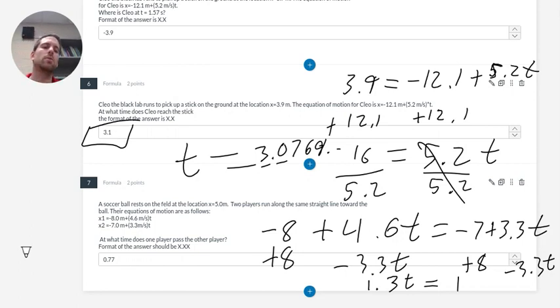And then I'll do 1 over 1.3, and I should get 0.769, or it's x.xx. So it looks like 0.769 is going to turn into 0.77. And that's going to be your answer.